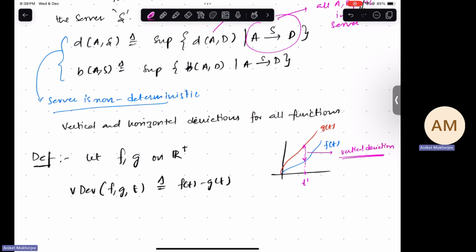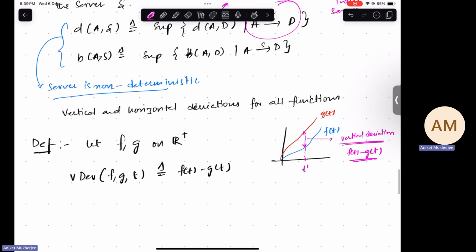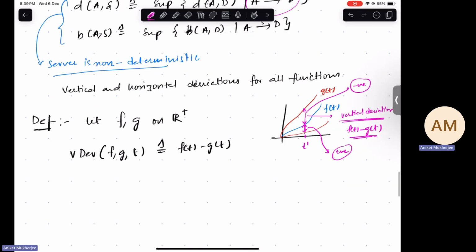The vertical deviation is always calculated from f(t), so it will be f(t) minus g(t). That is how it is defined. If g(t) is below, then this would be a positive deviation, and this would be a negative deviation. I hope the vertical deviation part is clear.